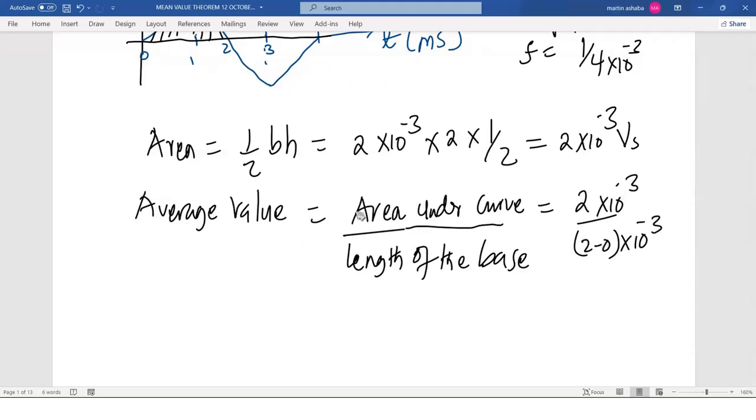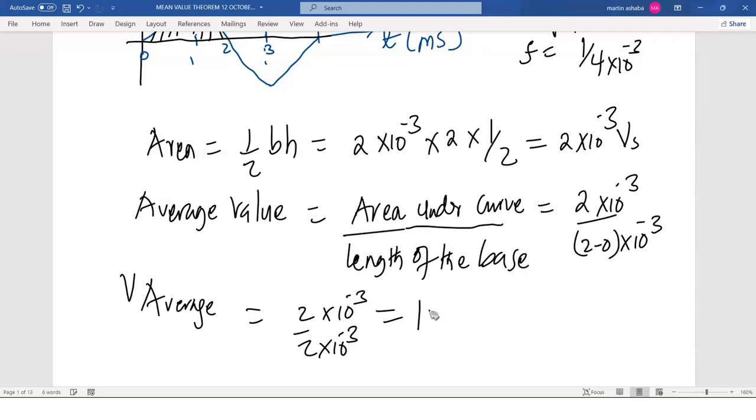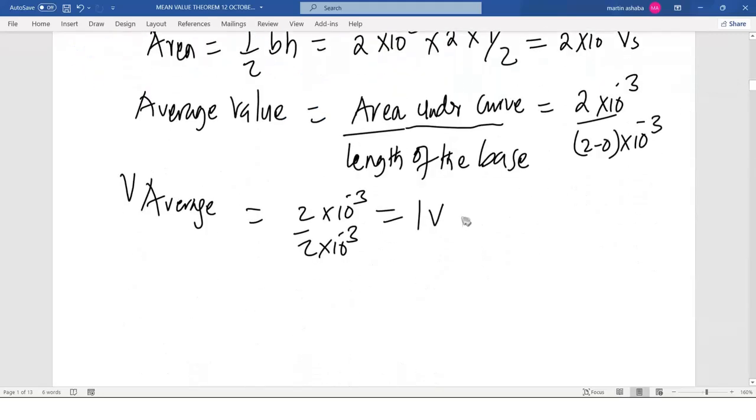So the average voltage value will be 2 out of 2, times 10 power negative 3 over 10 power negative 3, and this will give us 1 volt. So the average value for this is 1 volt, and that's what is required.